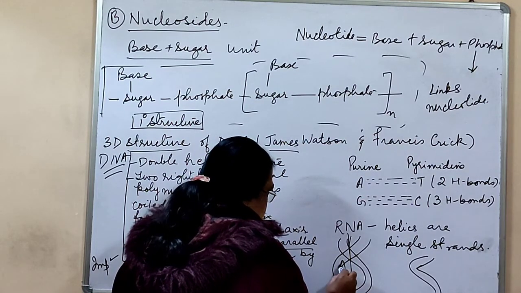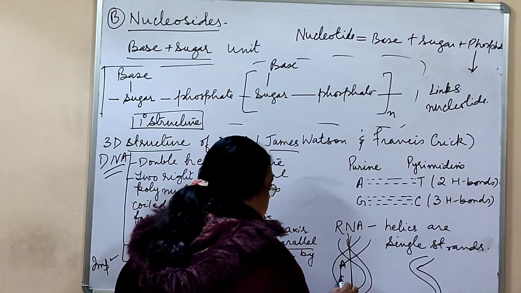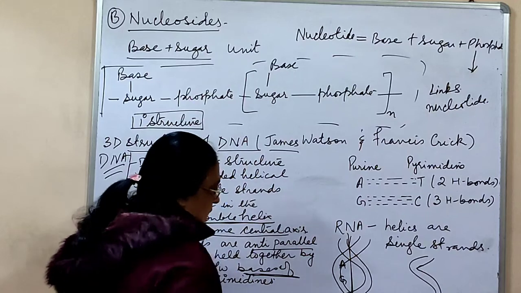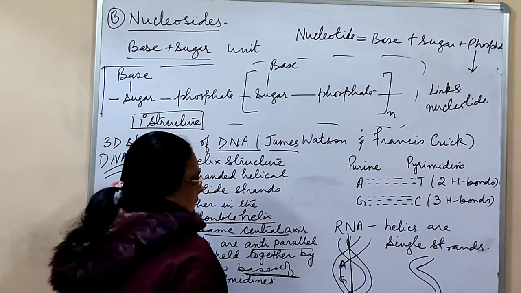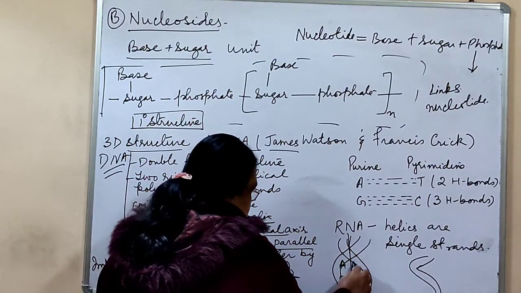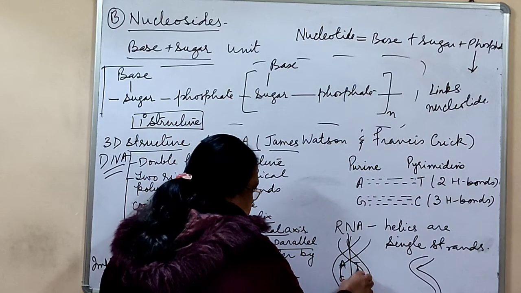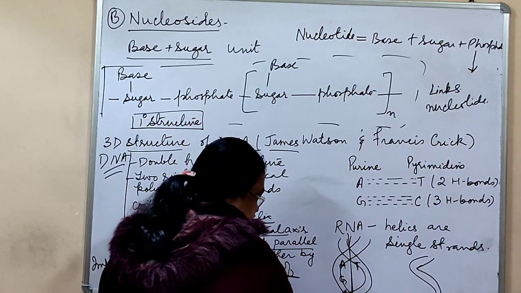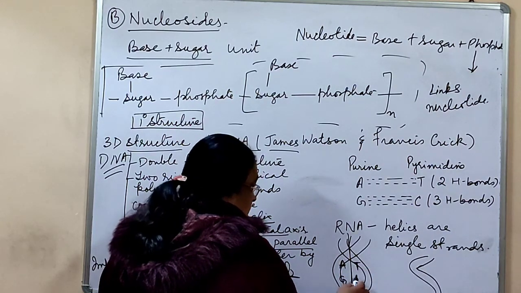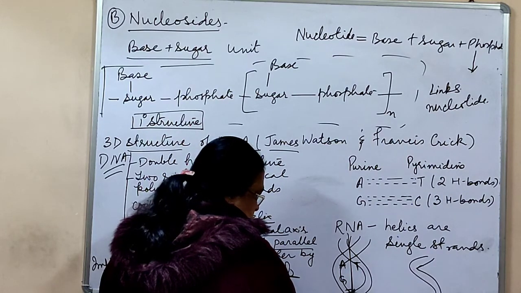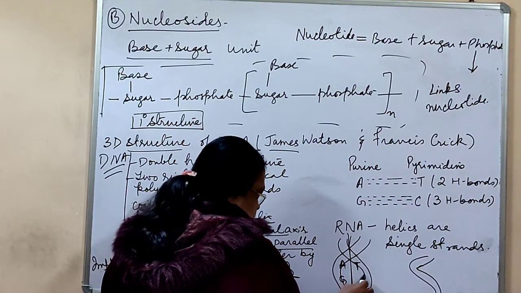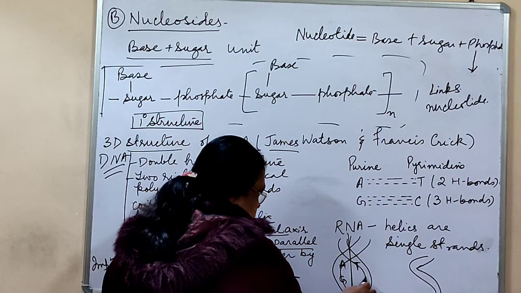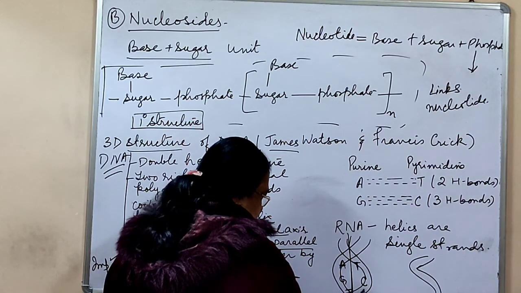If adenine and guanine are here in one strand, and the other strand comes in contact in such a way, there are thymine and cytosine also present.